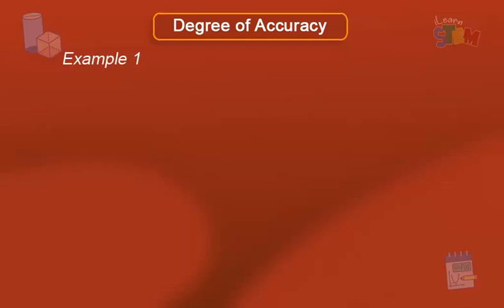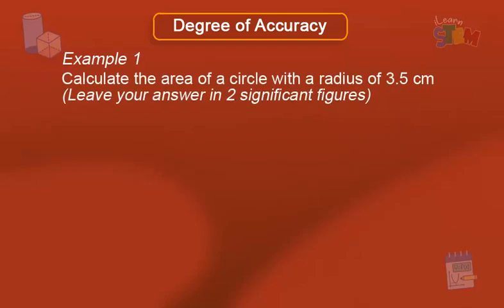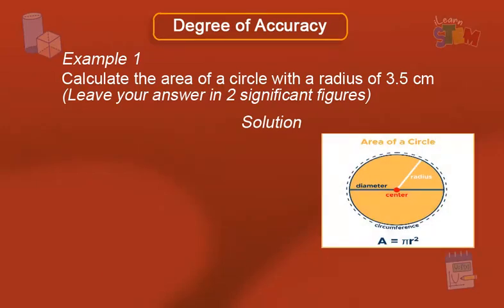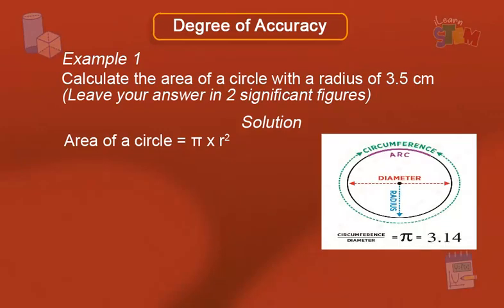Example 1. Calculate the area of a circle with a radius of 3.5 centimeters. Leave your answer in two significant figures. Solution. Remember the formula for finding the area of a circle. Area of a circle equals pi multiplied by the square of the radius. Recall that pi is equal to 3.14.